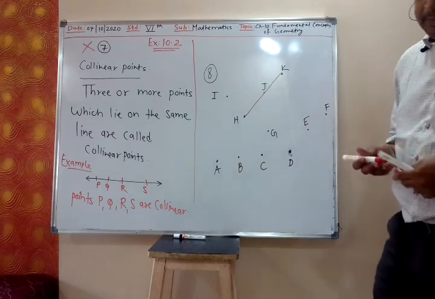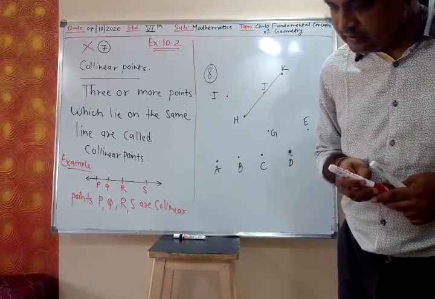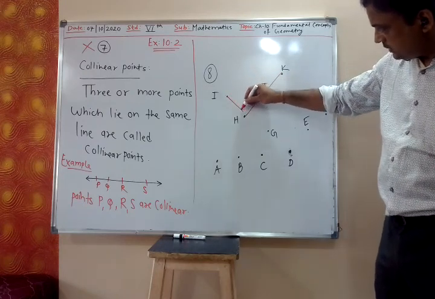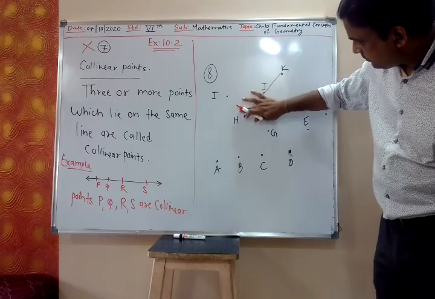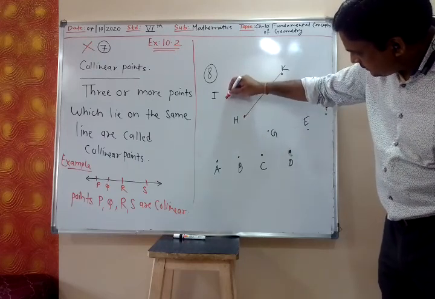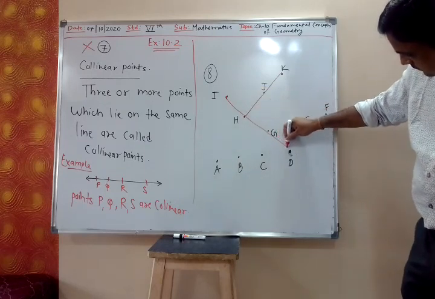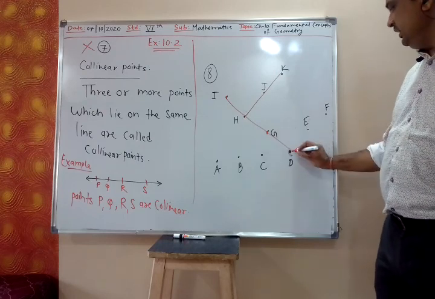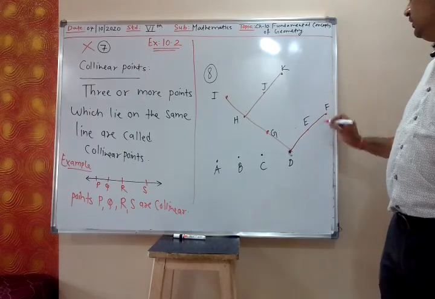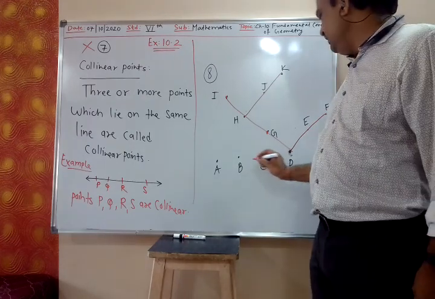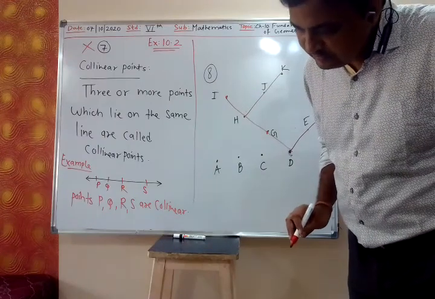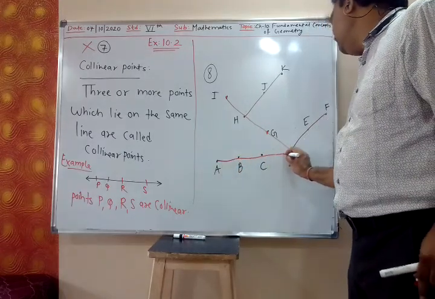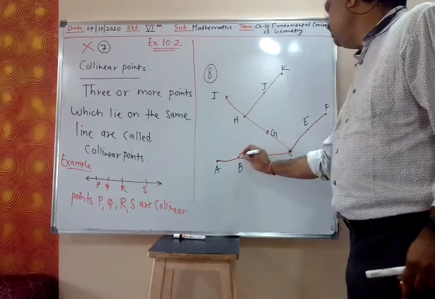IHGD, if you see that IHGD in the textbook, then DEF, then ABCD, they are in one line. So these points are called collinear points.